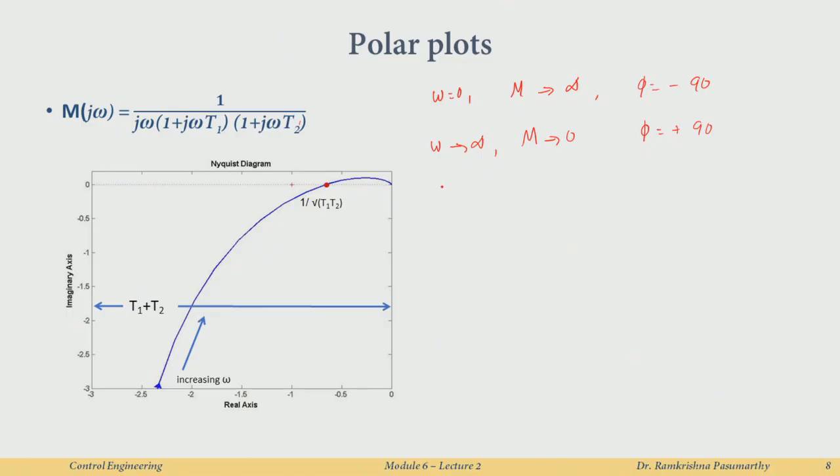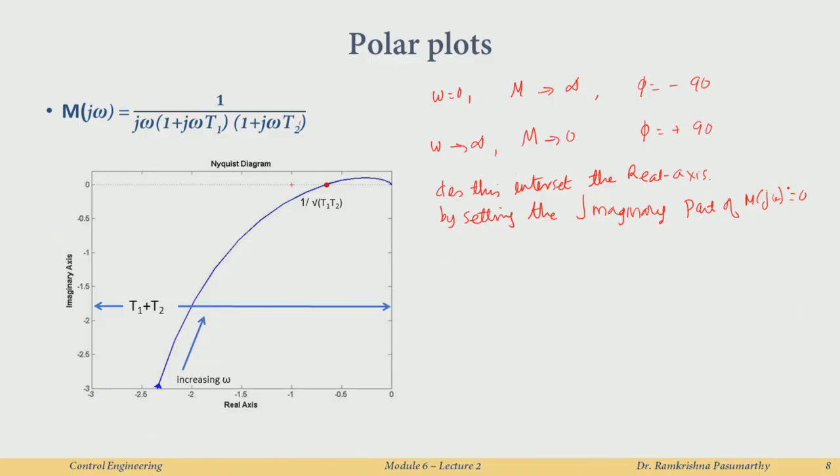I can also see now, does this intersect the real axis? This can be obtained by setting the imaginary part of M j omega to 0.